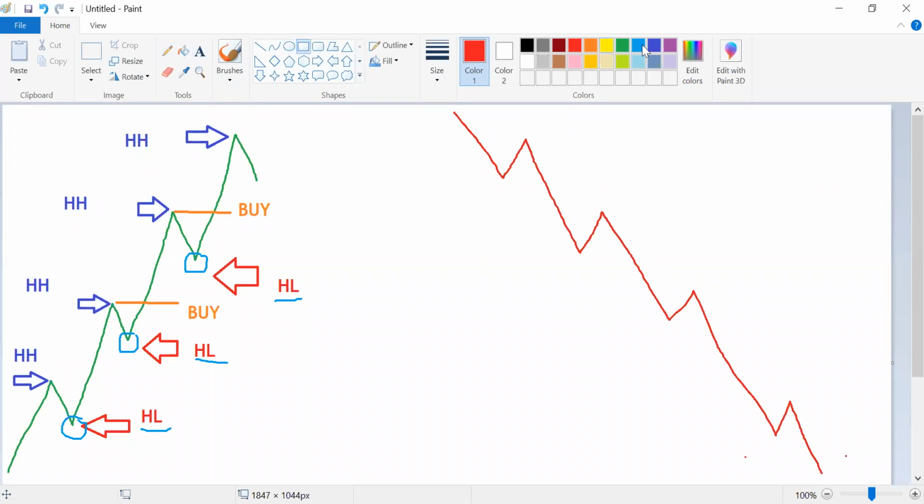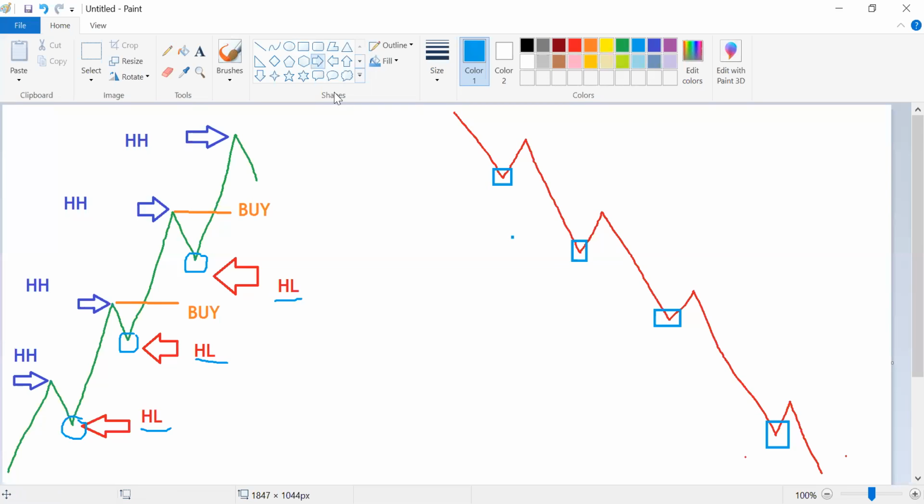This low and this low, right? This low is lower than this low. This low is lower than this low. This low is lower than this low. This low is lower than this low, right?